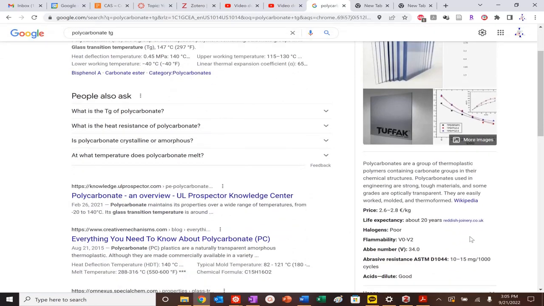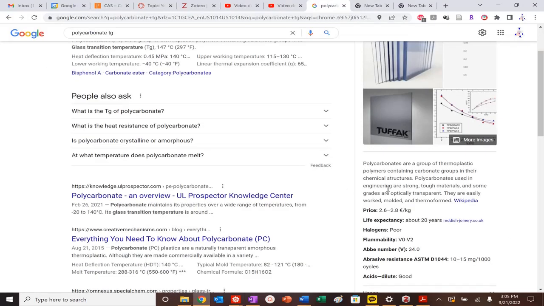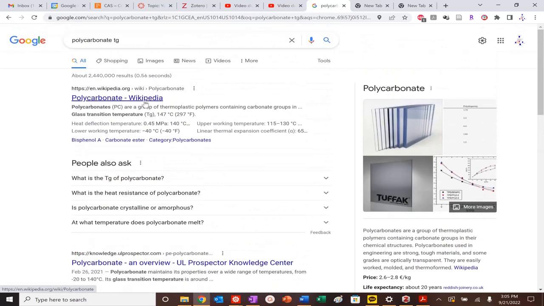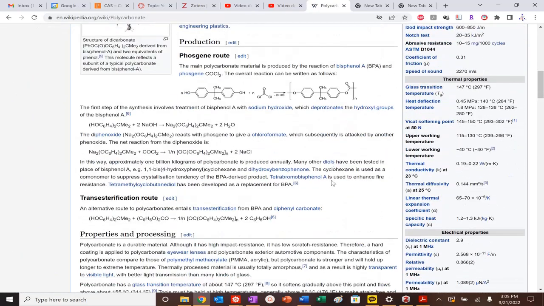Let's go ahead and look. It varies wildly, and again, that's true for many polymers. But let's just say glass transition temperature 147.